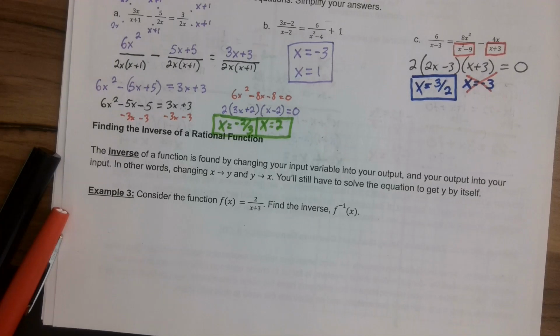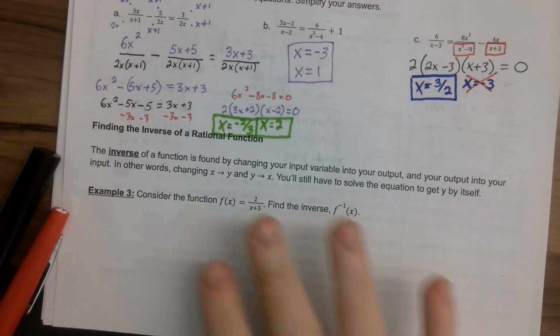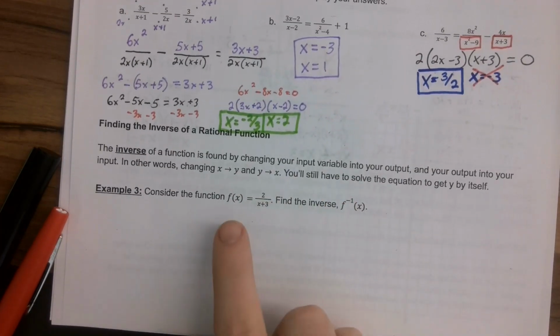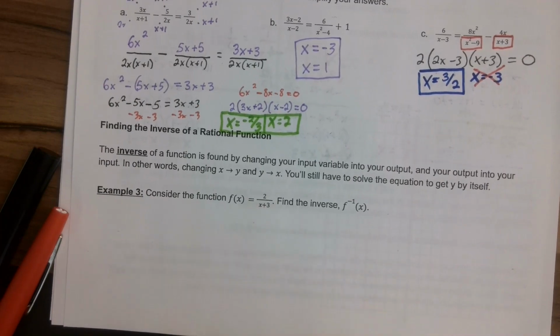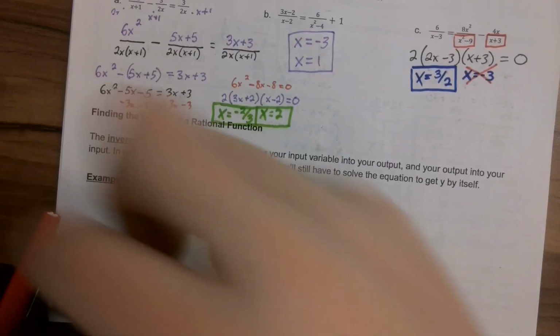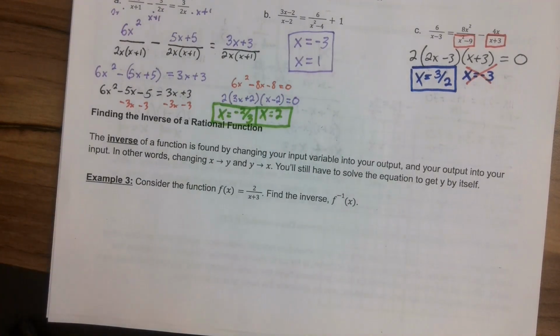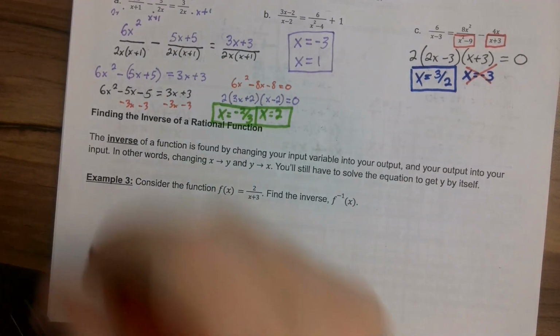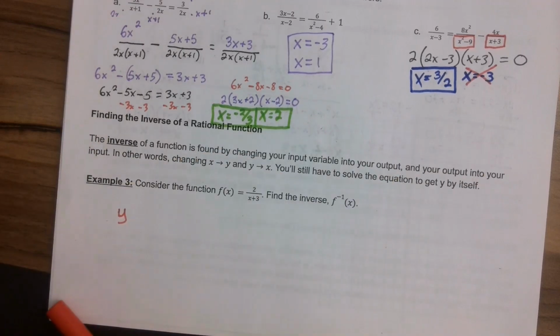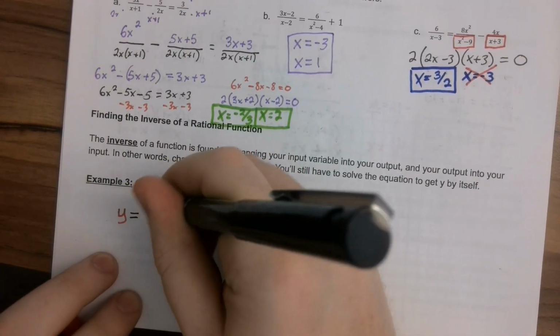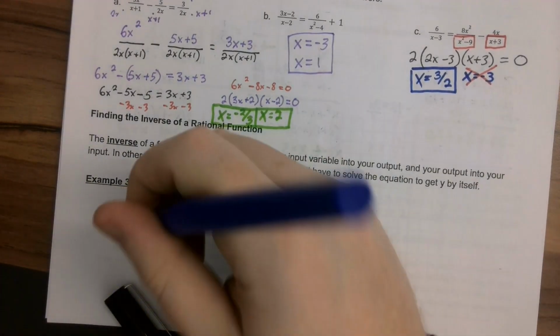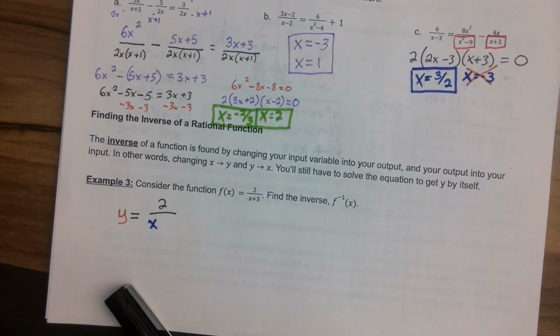It's much better if we take a look at an example. So here's a function, f of x equals 2 over x plus 3. Recall that f of x is just another way of saying y, right? So we can write this as y equals 2 over x plus 3.